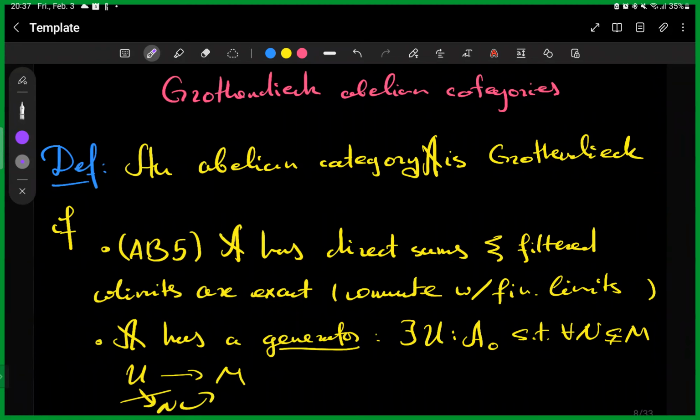Well, an abelian category, meaning that it is an additive category with kernels and cokernels, is a Grothendieck abelian category if it satisfies two conditions. So first of all, the category should have direct sums, and filtered colimits should be exact, i.e. they commute with finite limits.